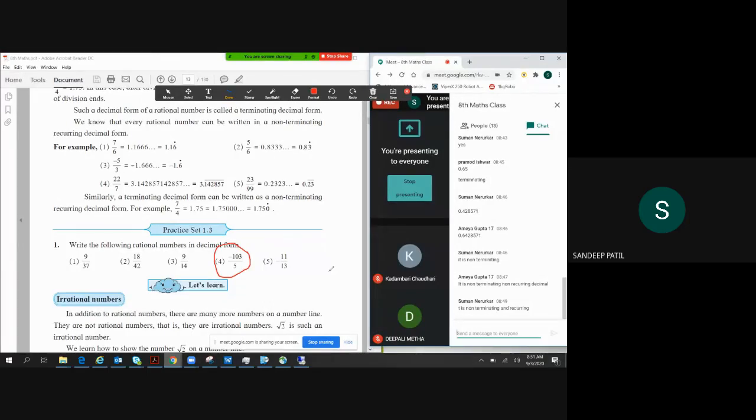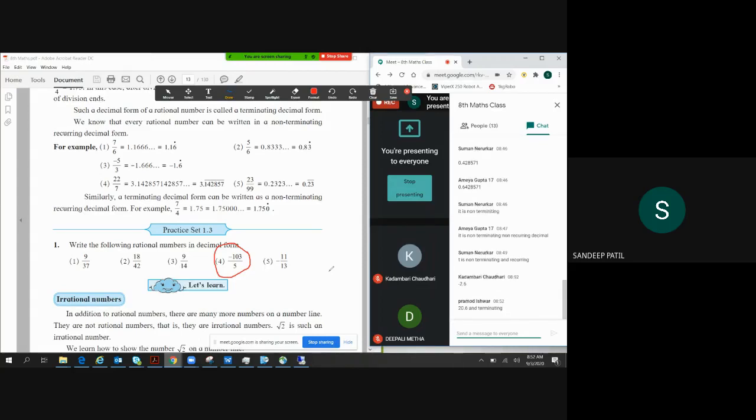Please write in the chat box. Minus 103 divided by 5, whether it is terminating or non-terminating. I think this is a simpler one.